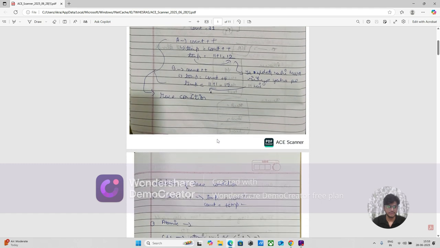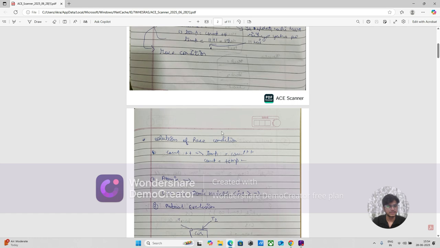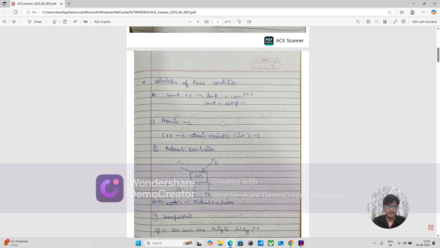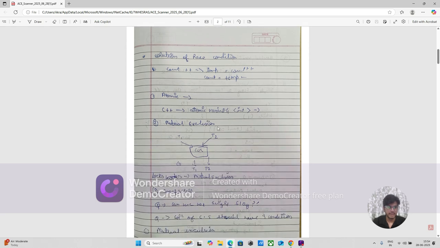So for the solution of the race condition, we can use atomic, like in C++ there is an atomic variable you can use. Or you can use mutual exclusion.